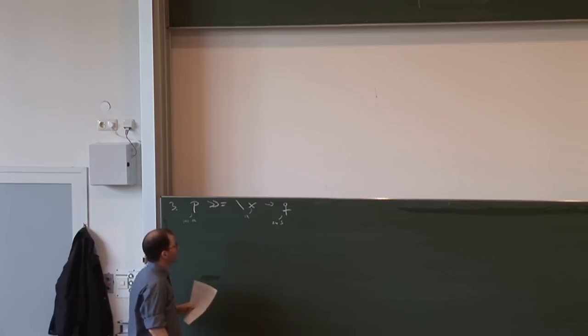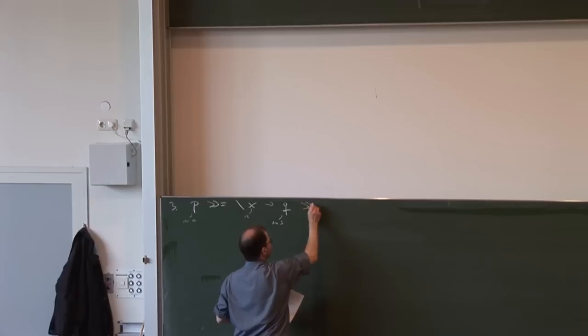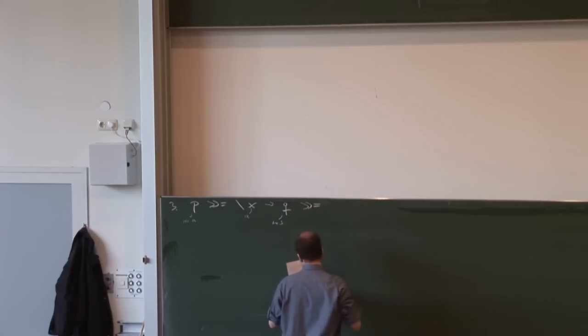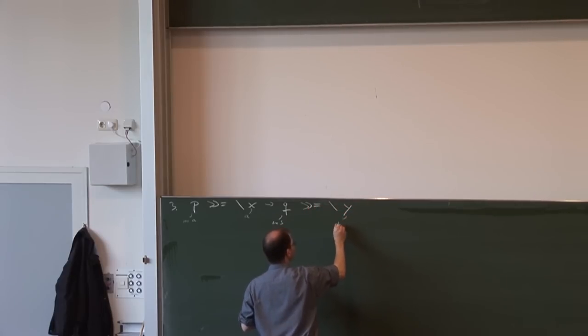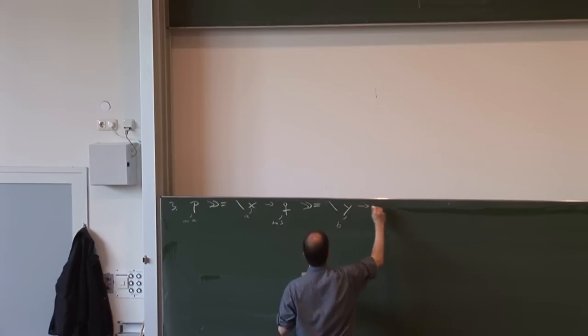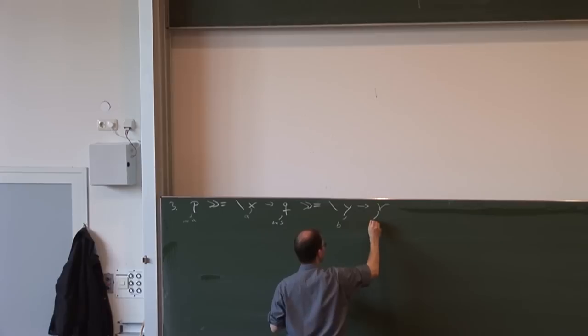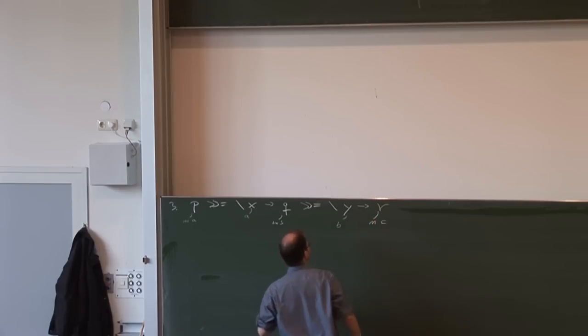And now you bind this again, and you take the object out that was computed during Q, let's call it Y, so this is of type B, and then you do R. So this has the type MC.